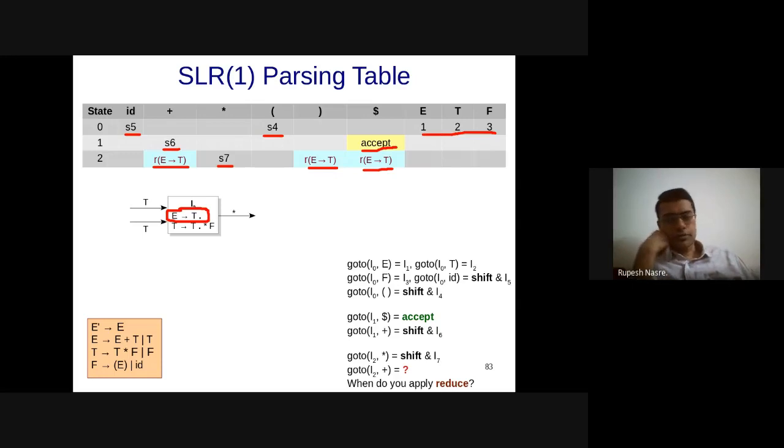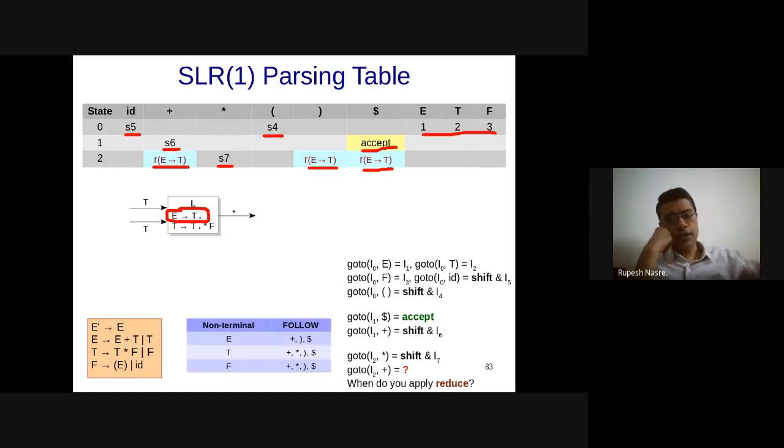Okay. So, as I was mentioning, first and follow are not specific to top-down parsing or something like that, right? This is something which we are going to use all throughout, and that's going to be required for all different forms of parsing. So, we are going to have follow of E rather than follow of T. Whenever the terminals contained in the follow of E appear as the next input symbol, we are going to apply this particular reduction for this particular production.